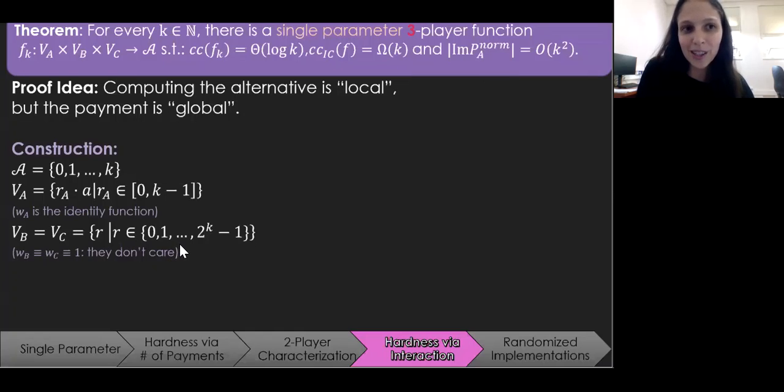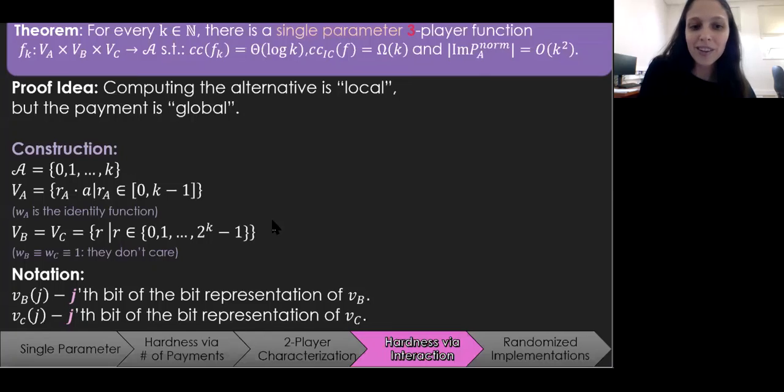They don't care which alternative is chosen, and they just hold an integer which is the constant value for all the alternatives. We mostly look at their values as k-bit strings, where we denote with VBJ the jth bit of the bit representation of Bob's value, and with VCJ the jth bit of Charlie's value.